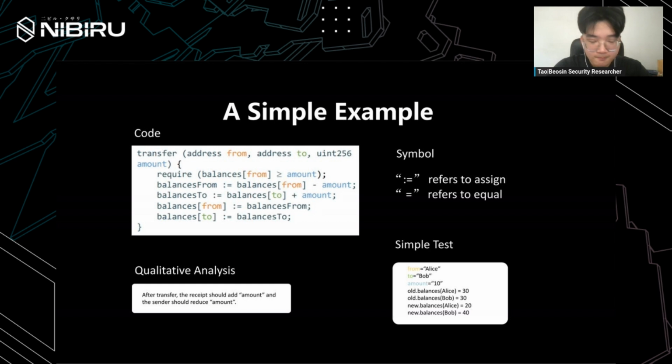But if the sender is Alice and the receiver is also Alice, right? We will have an error here. So the update of the balances of the sender and the receiver has some security issues, and we need to modify this transfer function.